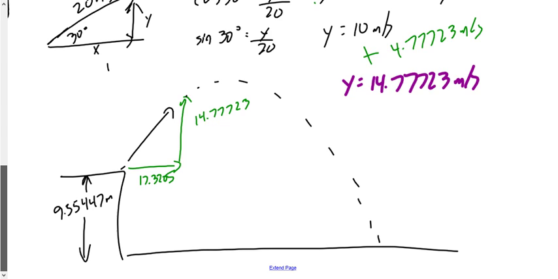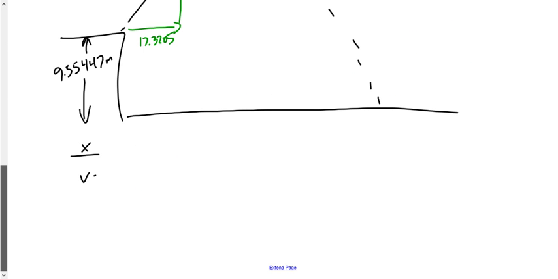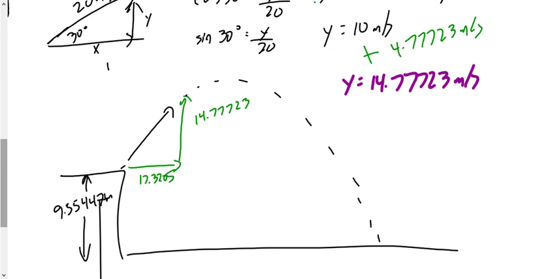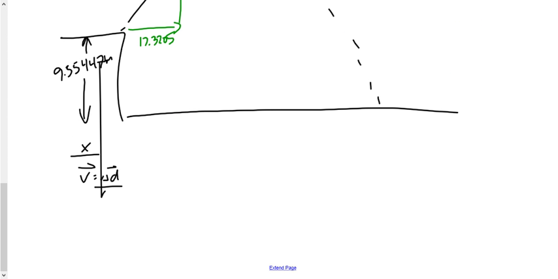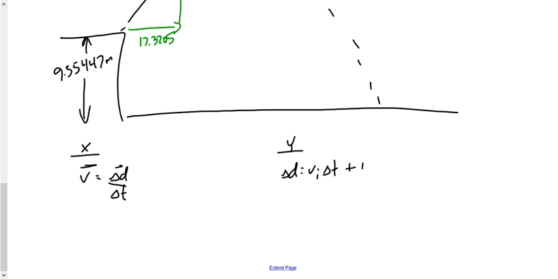Let's break it up into x components and y components. V equals d over t. Wouldn't this be a great final exam question? V is equal to delta d over delta t for the x component, and since it's projectile motion, we say d is equal to vit plus 1/2 at squared for the y component.